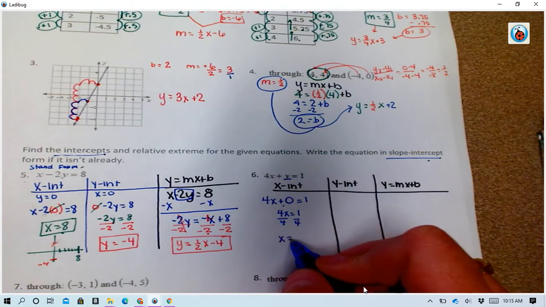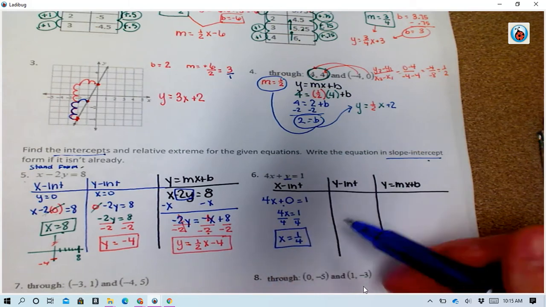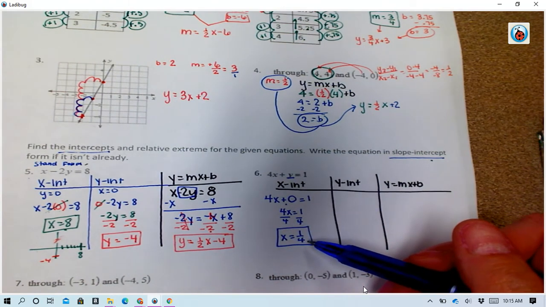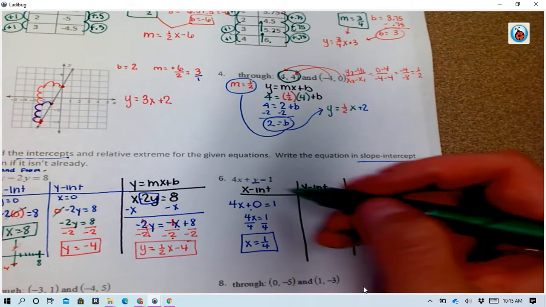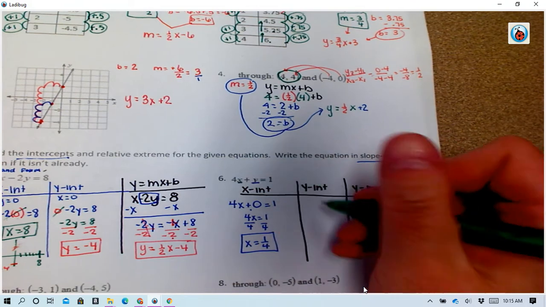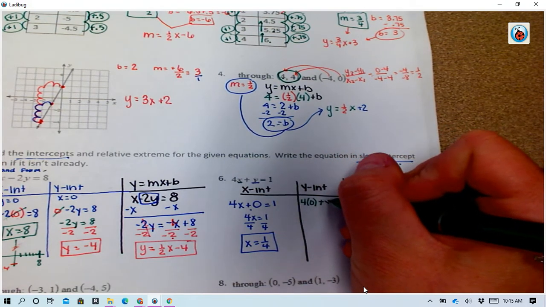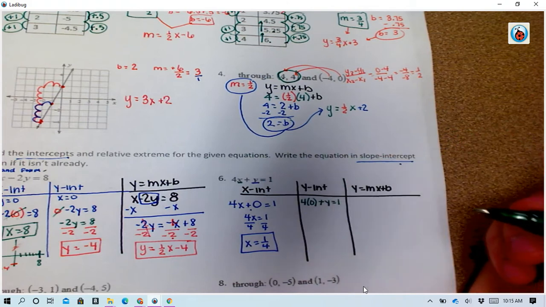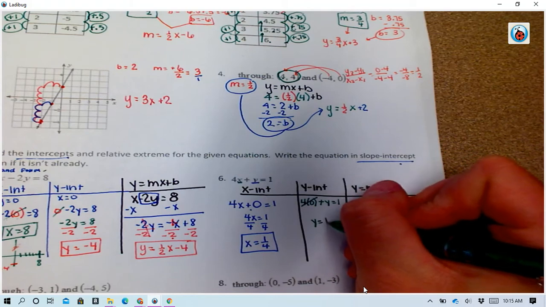That means that this would cross the x-axis when x equals 1/4. Sometimes they're going to be fractions or decimals, and that's fine. To find your y-intercept, you plug 0 in for x. So we would do 4 times 0 plus y equals 1. Well, 4 times 0 is 0. We're just left with y equals 1.